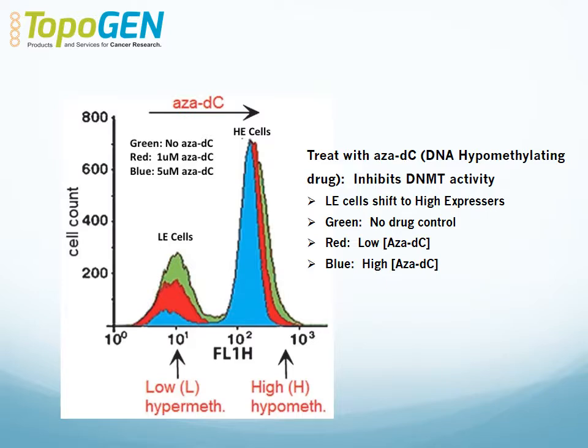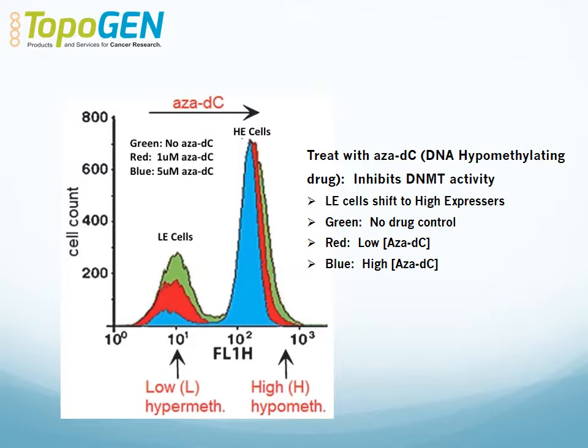So here's an example of a hypomethylating drug called AZA-DC, azadeoxycytidine. And this is a population mixed of low expressing cells and high expressing cells. And what you can see here, if you look in this fraction, the green peak are the low expressing cells with no drug, and then the red shows low levels of AZA, and then the blue shows high levels of AZA.